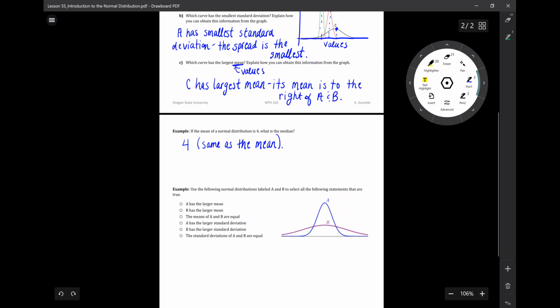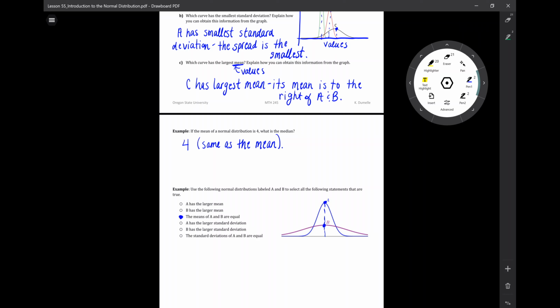All right, one last example for normal distributions. Use the following normal distributions labeled A and B to select all of the following statements that are true. So let's look at the mean here. I see that the center of the curve A is here, and the center of the curve B is here. So that tells me that the means are the same.